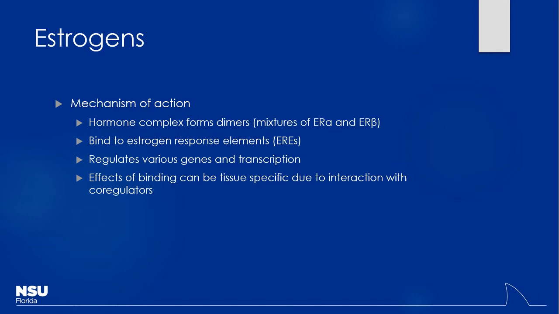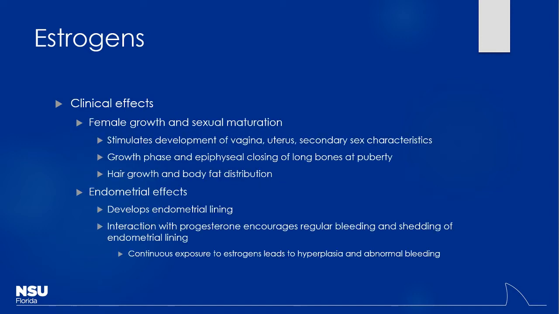And depending on the structure of the molecule interacting there, like we talked about the SERMs, which are selective estrogen receptor modulators, they're selective in terms of which tissue they're going to be activating or inhibiting, as the case may be. That's dependent on the makeup of the receptors they have there. So what sort of effects would we expect to see from our estrogens?